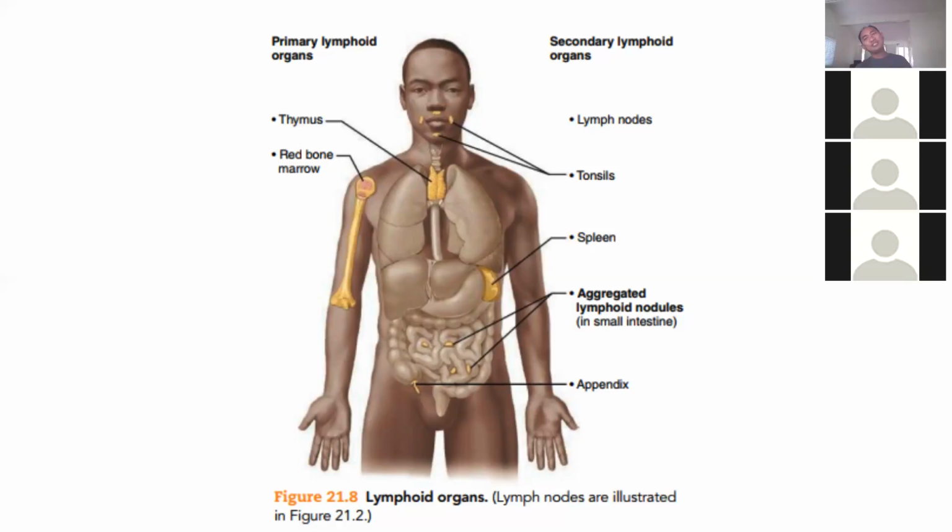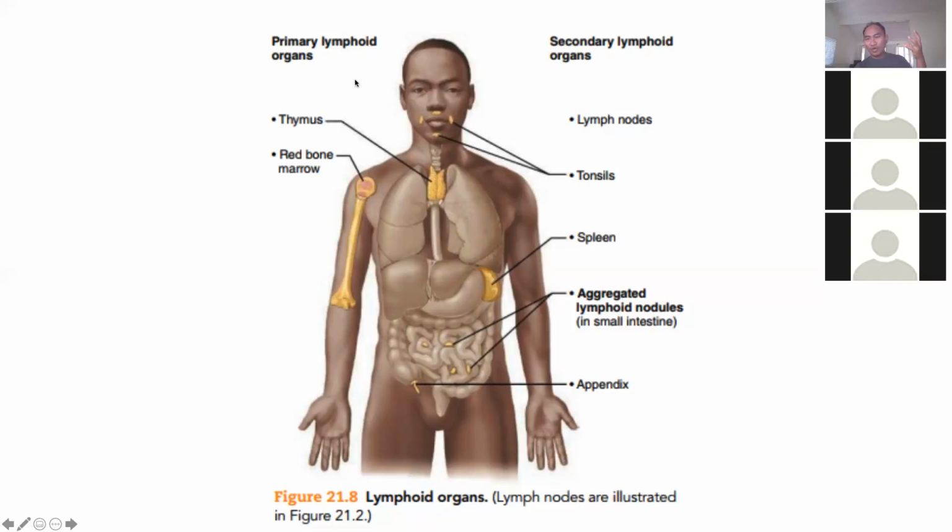But we will divide lymphoid organs into primary lymphoid organs and secondary lymphoid organs. Primary lymphoid organs are only two. They are the thymus and bone marrow. So what is the difference between primary and secondary lymphoid organs?